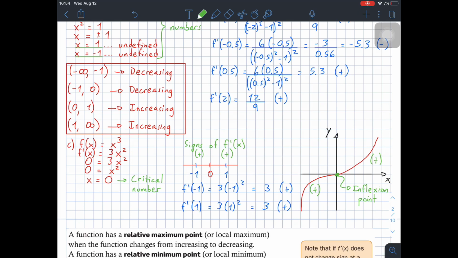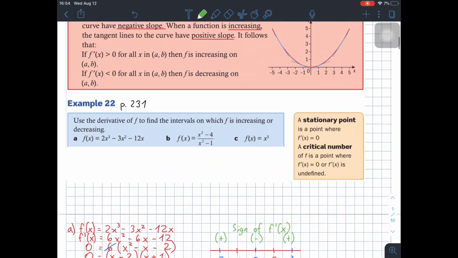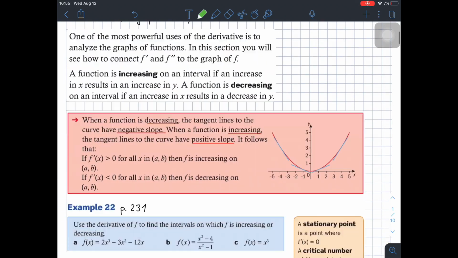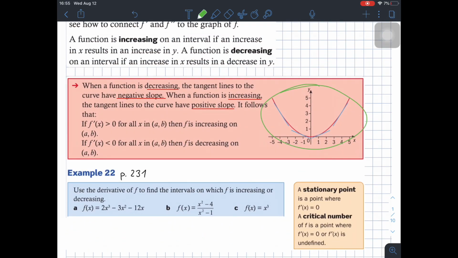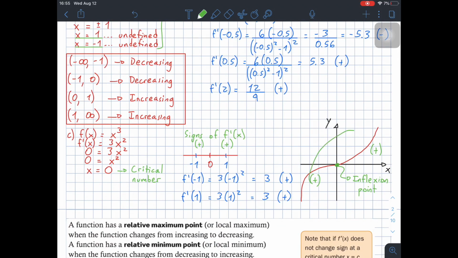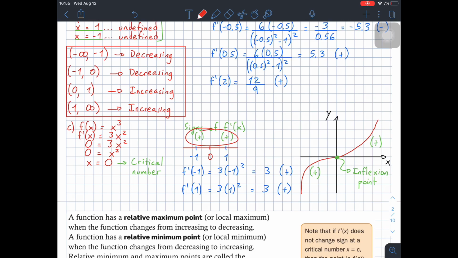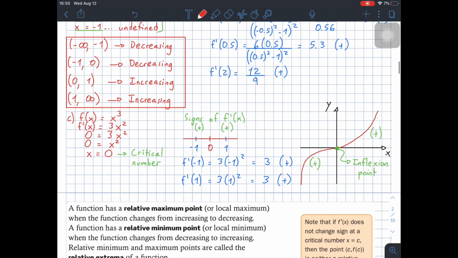So that's what we call the inflection point, which we haven't defined yet. We're going to see that later on. But it's different from the previous case, in which the critical number changed the trend of the function. In this case, it does not change the trend. It keeps on increasing, but it's an inflection point. That's the mathematical name for that. So that's the reason why we get positive and positive on both sides of the critical number.